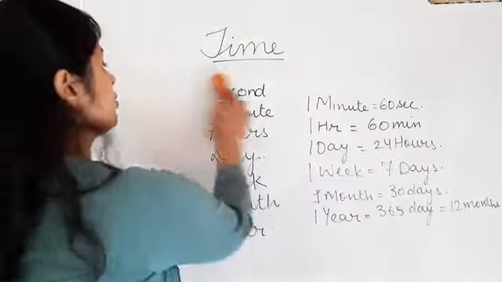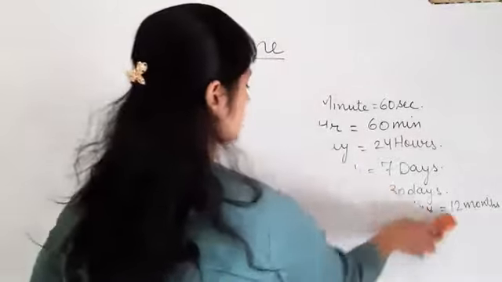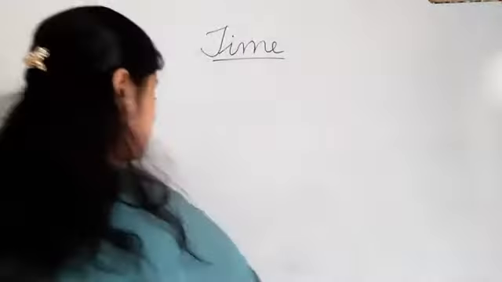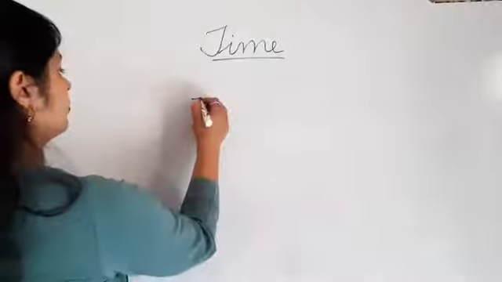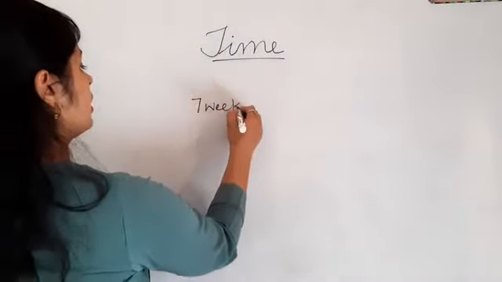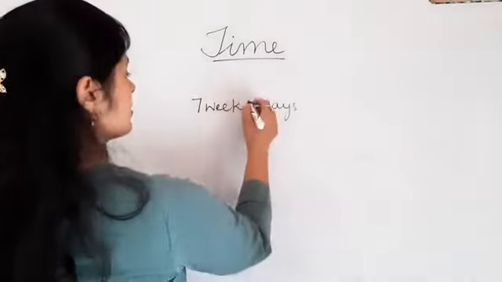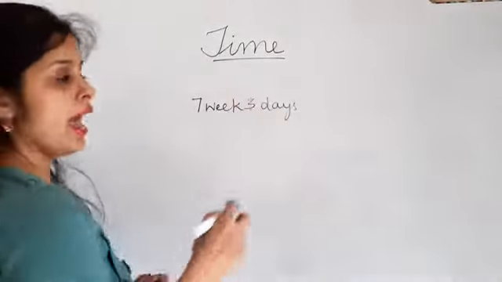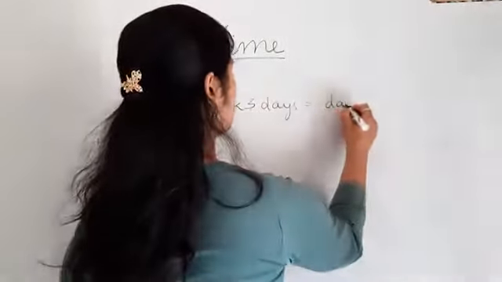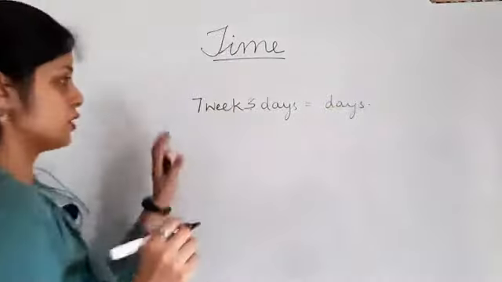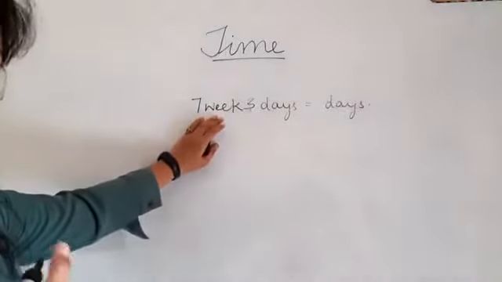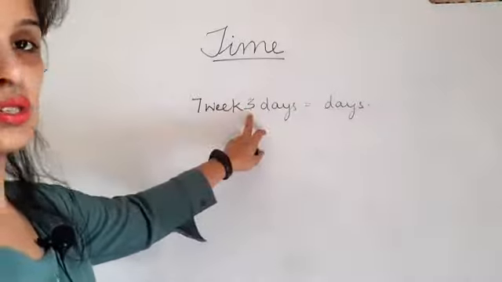So now I'll give you some examples. Suppose we are having 7 weeks 3 days, and we want to convert it into days. What I will do, first of all, I'll convert weeks to days and then add the rest of the days.